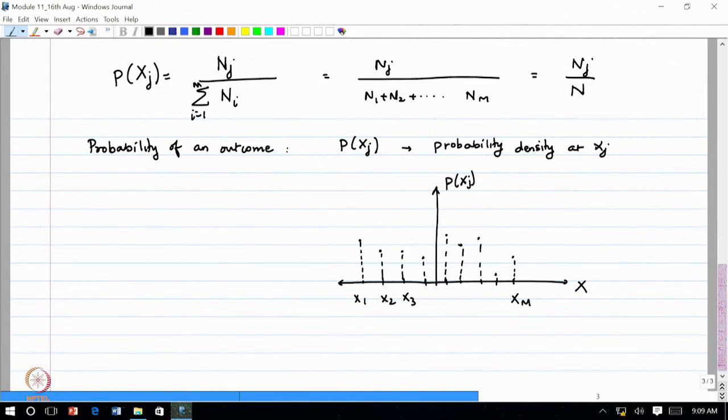Now obviously, if you take the sum over j equal to 1 to m of p of x j, this should be equal to 1, which is very obvious, because in the numerator you will just have the sum over n j from 1 to m. So, this probability is said to be normalized. That means it adds up to 1.